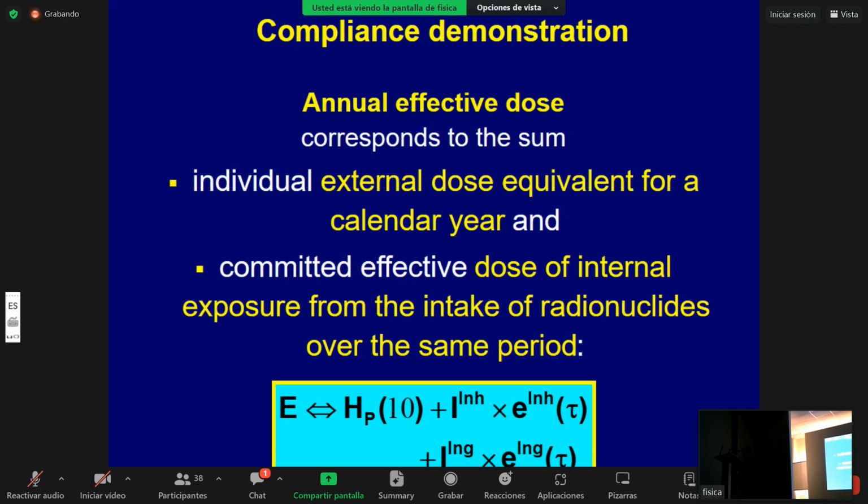Coefficient e also with index oral and inh are the corresponding coefficients equal to the permitted effective dose for intake of 1 becquerel of radionuclide into the body, sievert per becquerel.